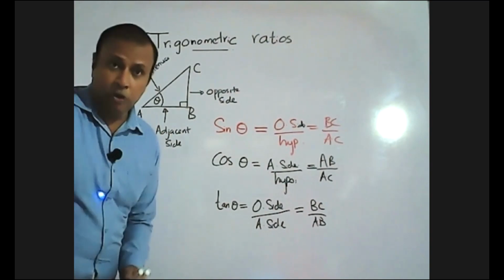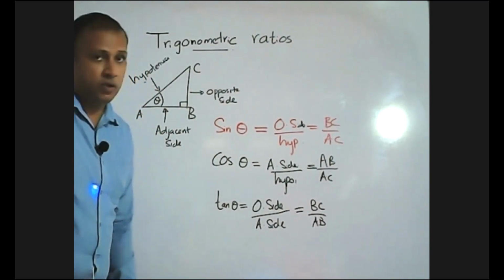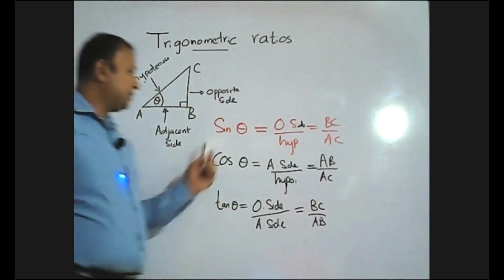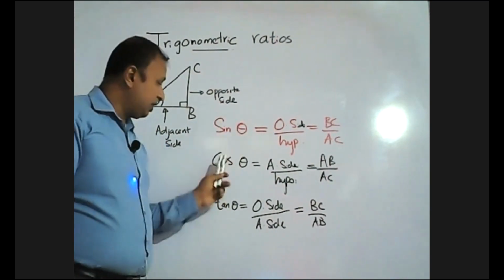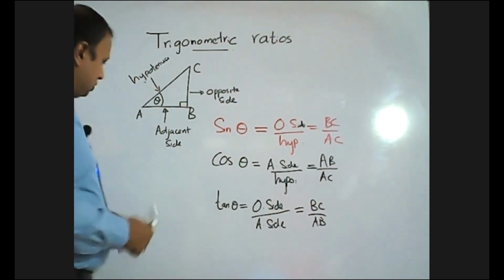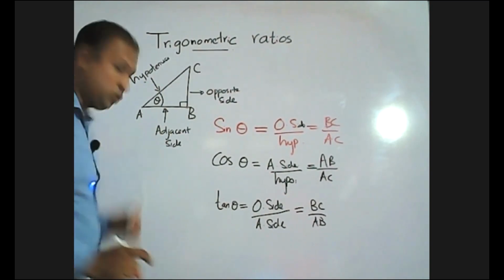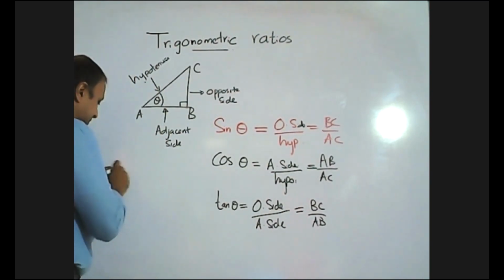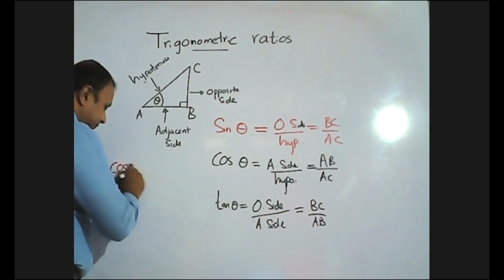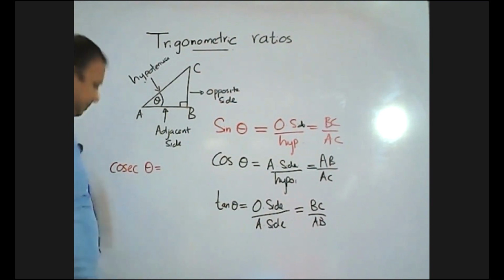Now we are going to learn about other trigonometric ratios. What are those? Those are the reciprocals of each of the trigonometric ratios. I can define another trigonometric ratio called cosec theta.